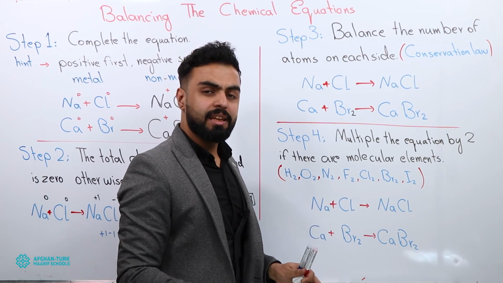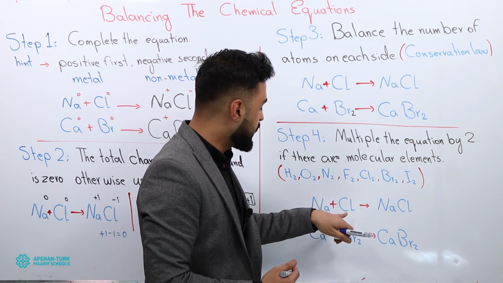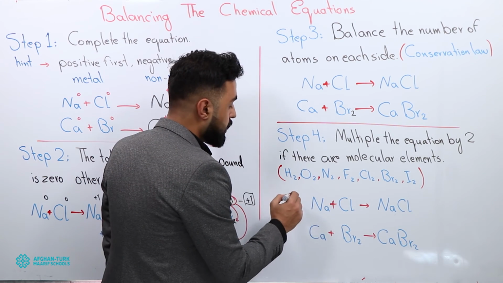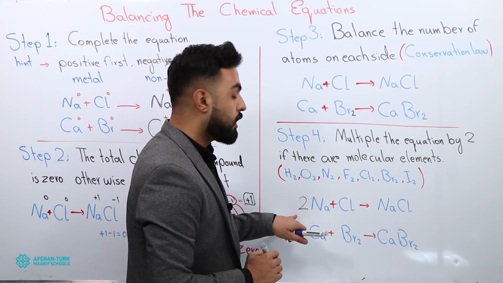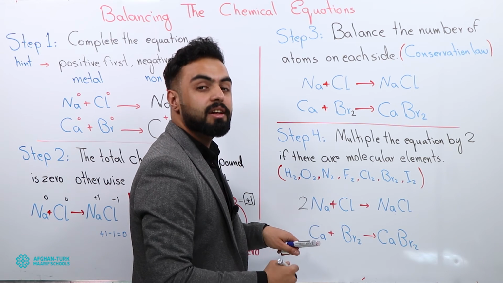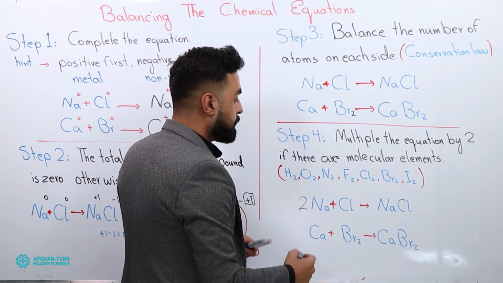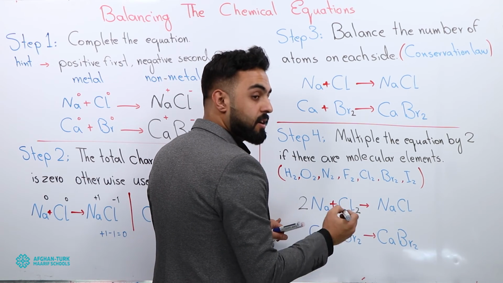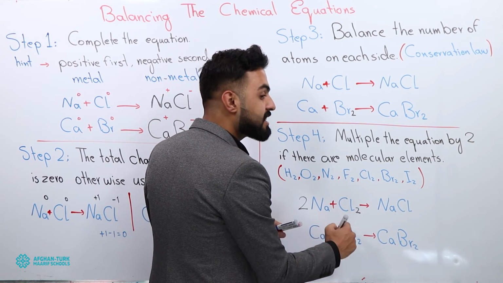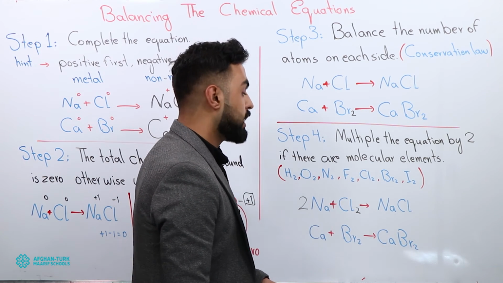It was totally balanced, but we should multiply by 2 because it has chlorine. I should write 2 at first for sodium on the left side because it is not a molecular compound. But I should write 2 on the right side of chlorine because it is a molecular element.